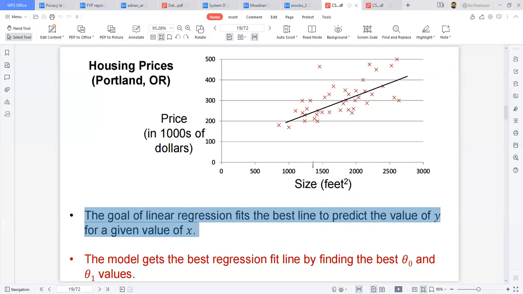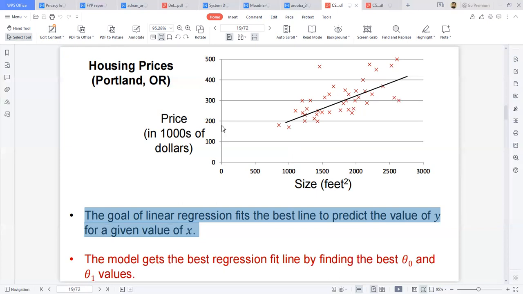For example, if the size is 800 feet square, the price will be near about 0.2 million. If the size is 1000 feet square, then the value will be maybe 1.8 million, something like this.